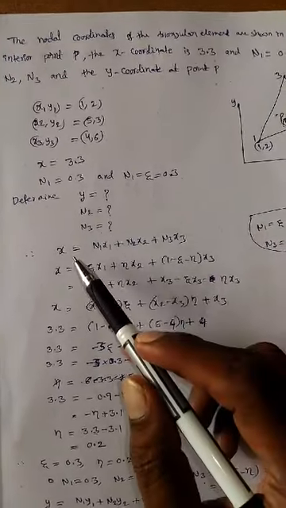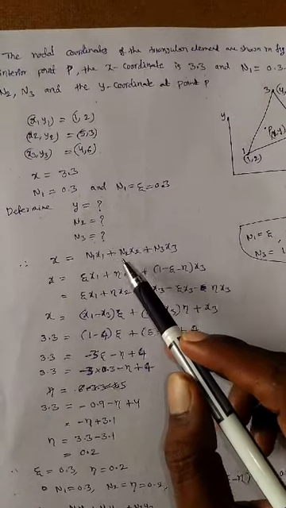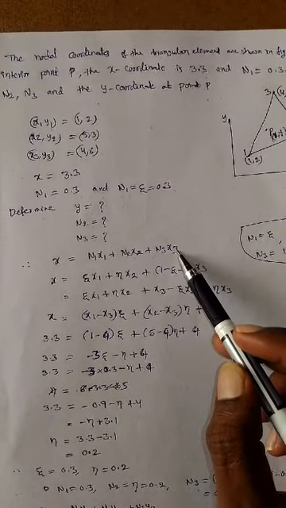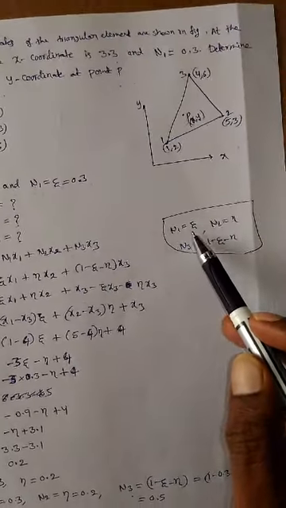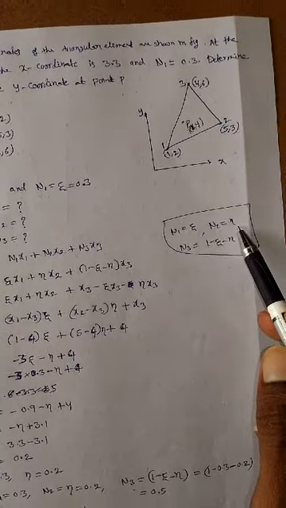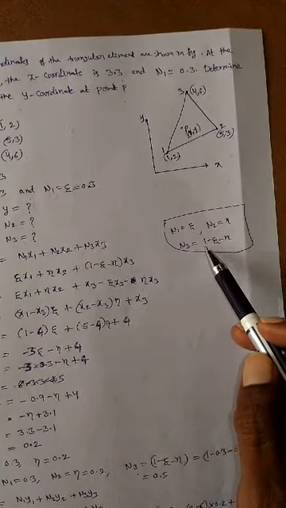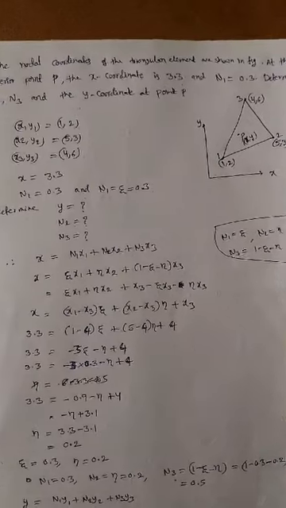So x is equal to n1 x1 plus n2 x2 plus n3 x3. Here n1 is equal to xi, n2 is equal to eta, n3 is equal to 1 minus xi minus eta.